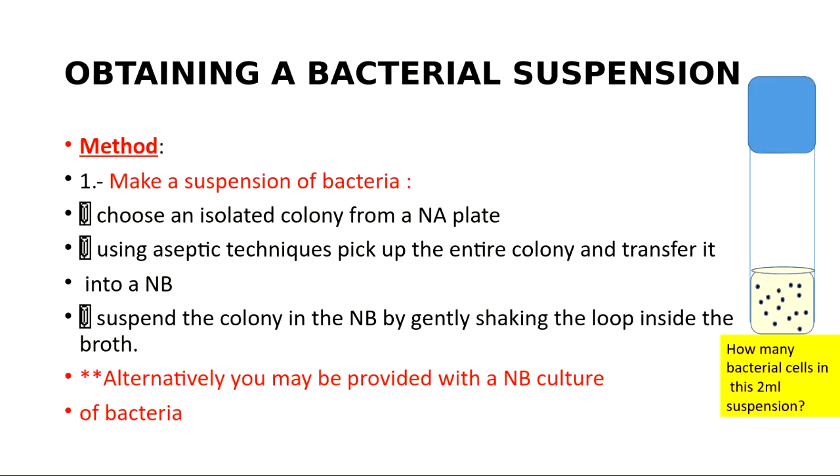All right, so the first thing is we need to have our culture that we want to count. In this case, it says it's a 2 mL suspension. The results we're going to get will be number of organisms per mL.